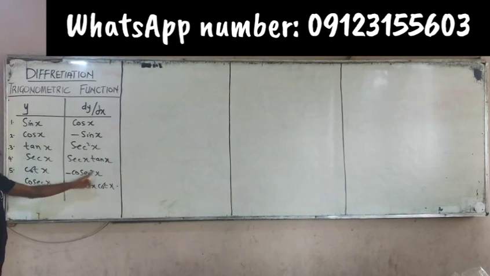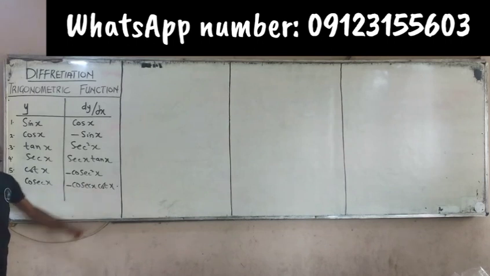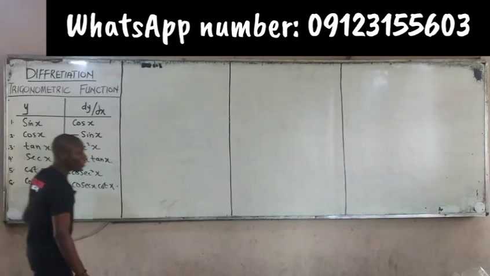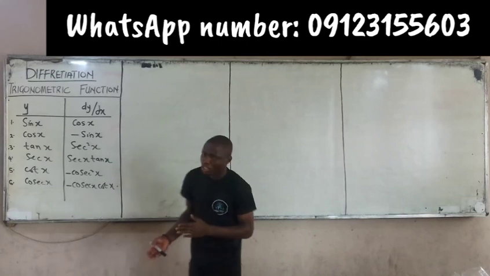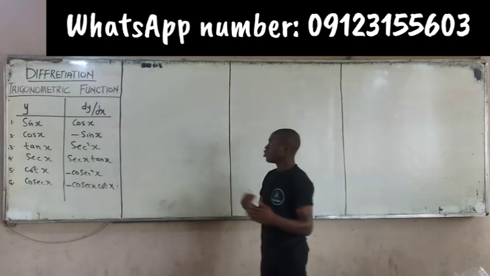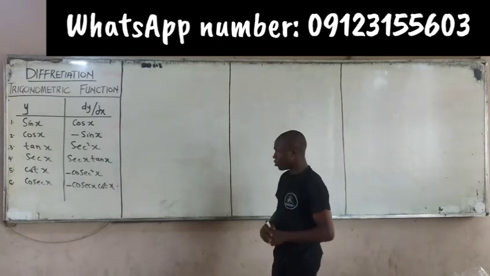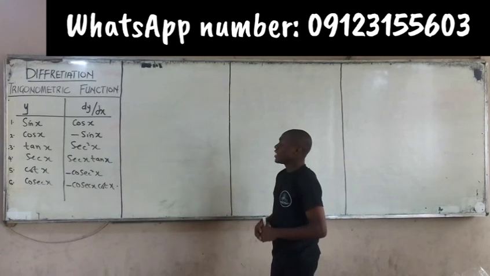Negative cosec squared x. If I differentiate cosec x, I'll have minus cosec x cot x. These are the 6 important derivatives you need to note when it comes to solving problems involving the trigonometric function of differentiation. Let's take an example and let's know how to manipulate using this concept.